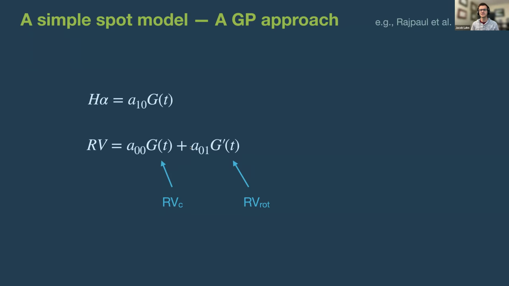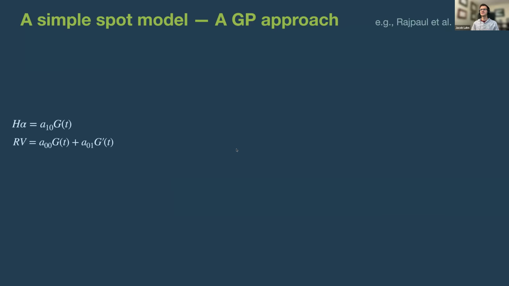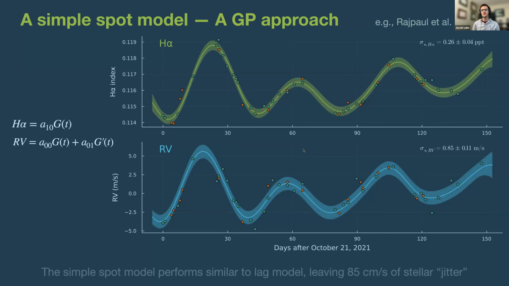A better question is, how well does this model perform? And so in this simple GP approach, kind of the standard approach, we actually see fairly similar results to what we saw in the lagged model. A lower RV jitter value that's closer to what we might expect from the precision of NEID and EXPRES, but still overall, a very smooth time series that doesn't quite capture some of the high frequency variability that we saw.